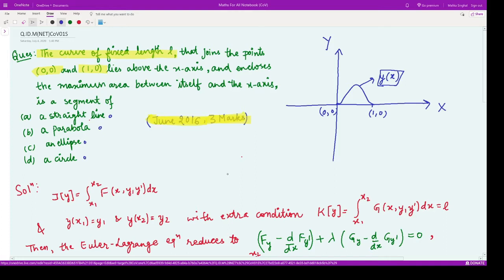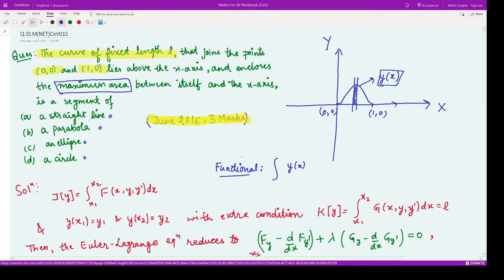First of all, let us formulate our functional, because in this question the functional is not explicitly given to us. We need to find the curve which encloses the maximum area. So, it would be an integration. If this is curve y(x) and I draw a vertical strip in that region, the area is the upper curve minus the lower curve.